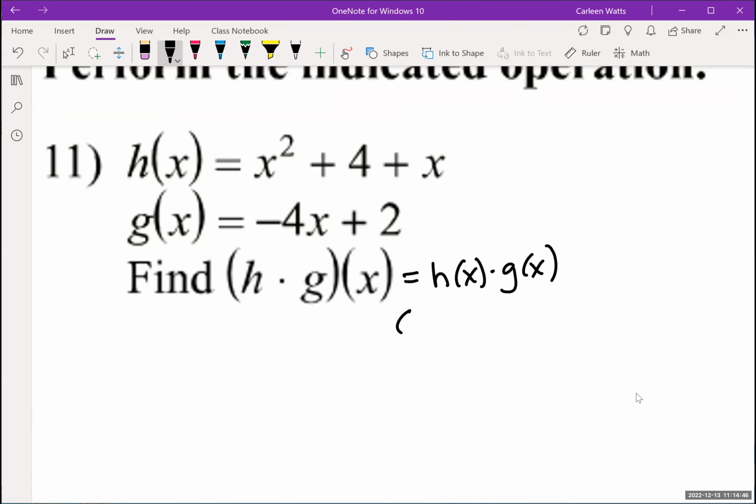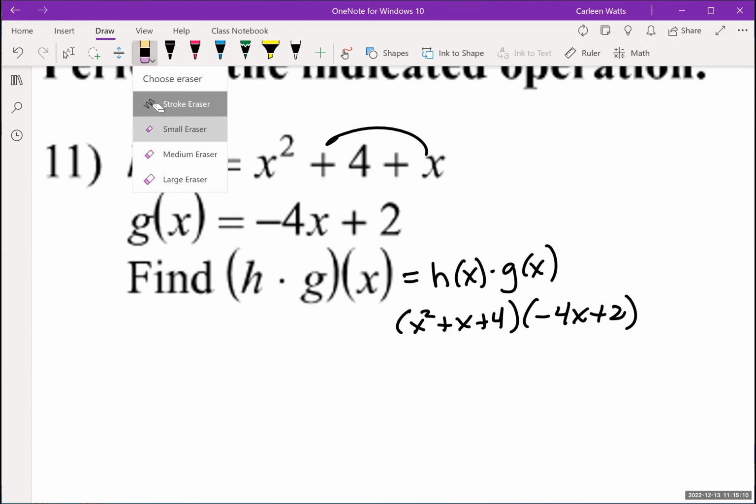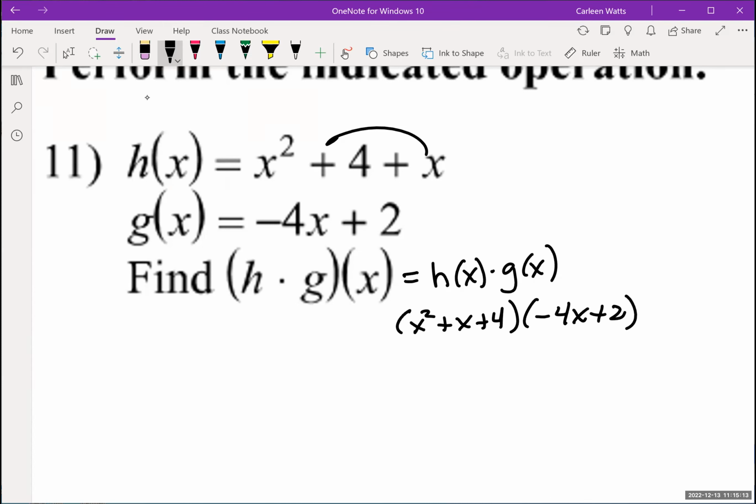I'm going to put these in order: X squared plus X plus 4 times negative 4X plus 2. Now notice we have 3 terms by 2 terms.